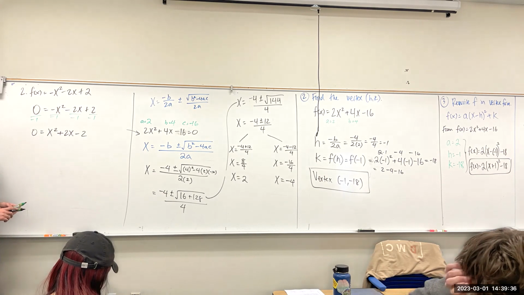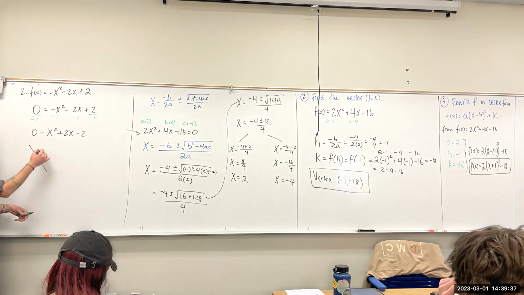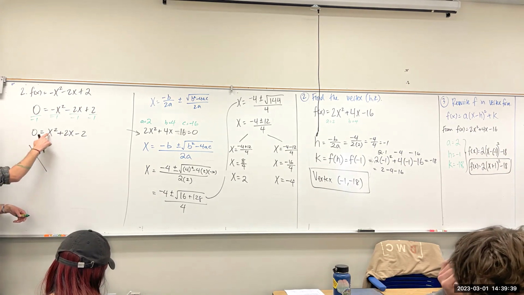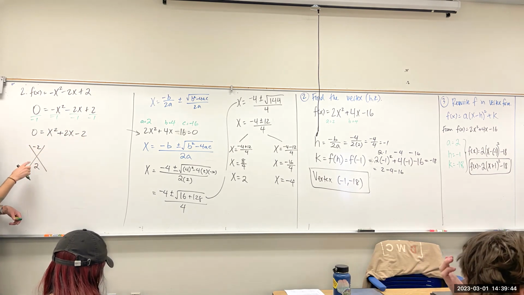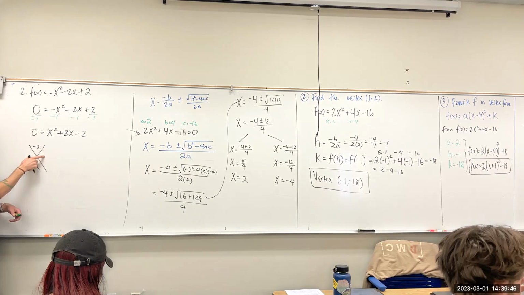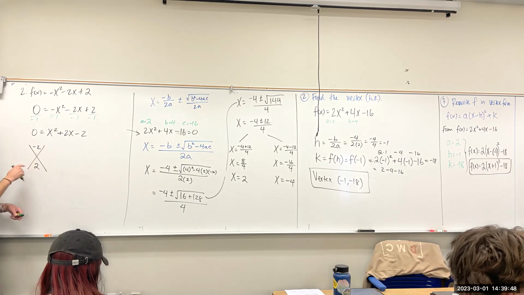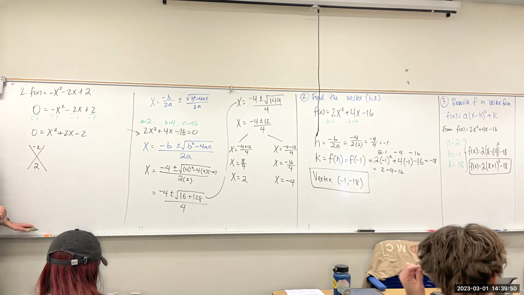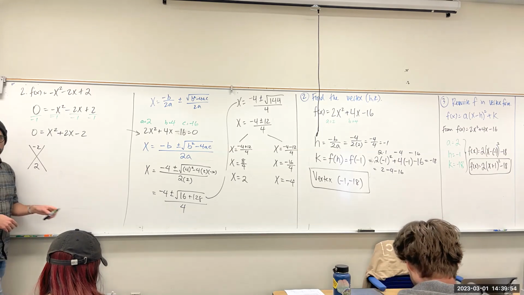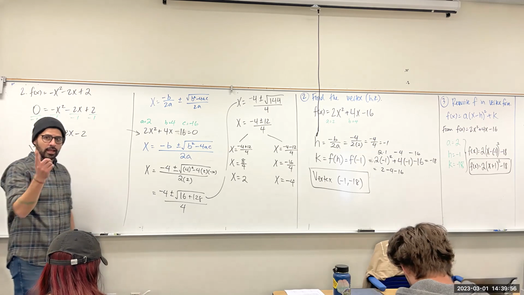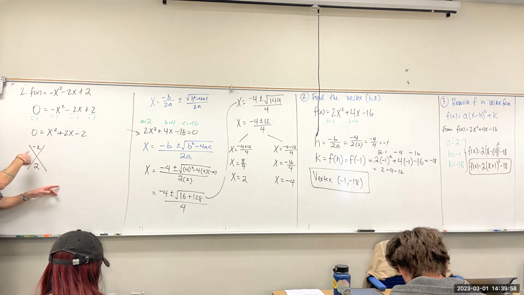Oh, yeah. Like if you try doing the AC method, and you multiply A with C, and you bring down the B, there are no numbers that will multiply to -2 and add to it. Yeah, correct. That's just the method that I learned. What you just said is kind of what's happening here.